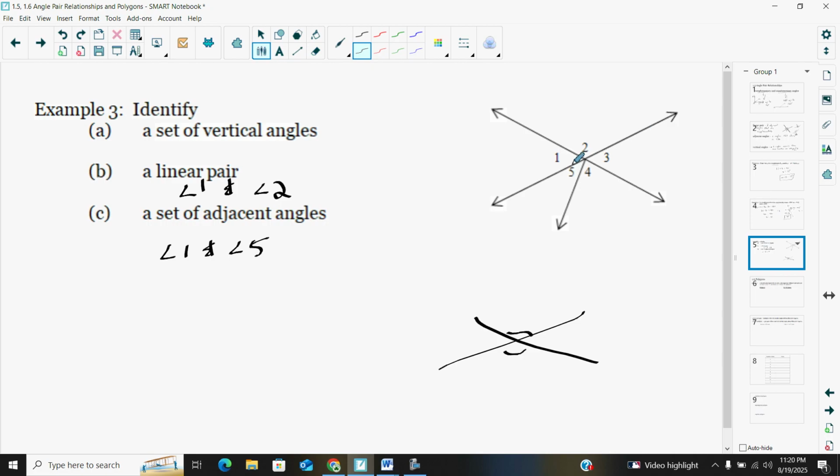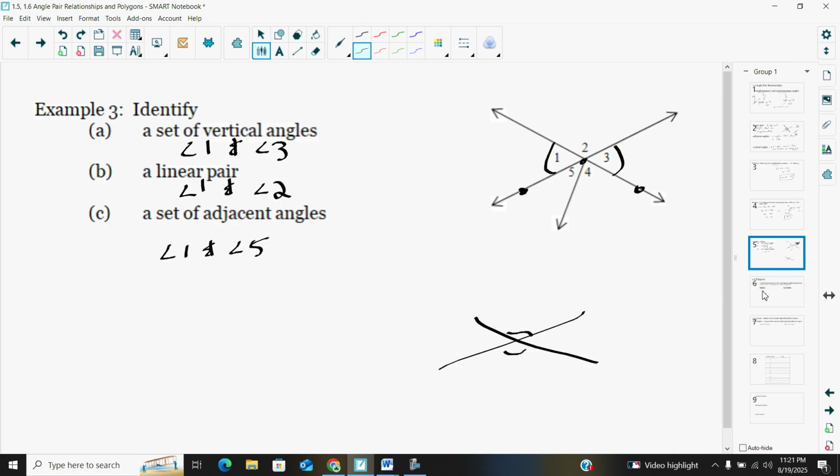The only vertical angles we have are 1 and 3. 2 is vertical to the sum of 4 and 5, that angle right there, but it's not vertical to any one specific angle. If we had points, I suppose we could name it B, A, C or something like that. Angles 1 and 3 are the only ones that are defined and are vertical.